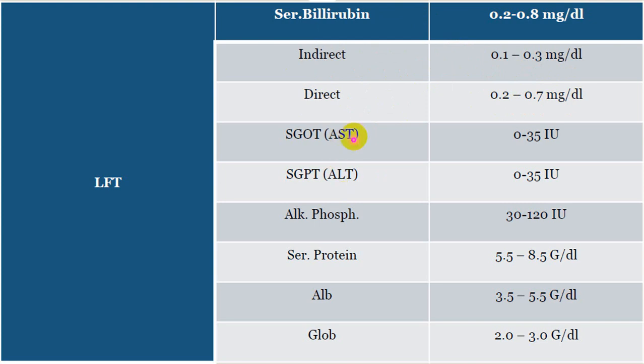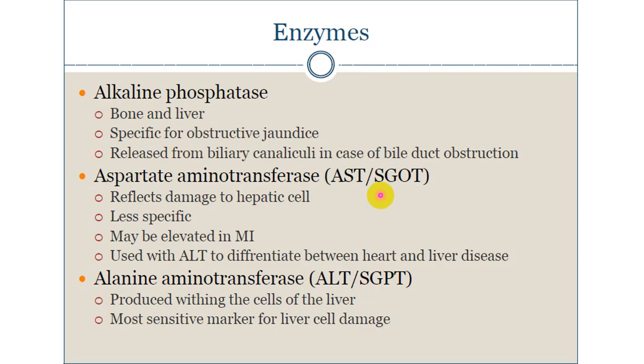There are a lot of enzymes involved in liver disease and important in liver function. These include AST and ALT, called aminotransferase enzymes, normally 0 to 35. Alkaline phosphatase is normally 30 to 120. Total serum protein, a synthetic function of the liver, is normally 5.5 to 8.5 gram per deciliter, which constitutes albumin and globulin: albumin 3.5 to 5.5, while globulin 2 to 3 gram per deciliter.